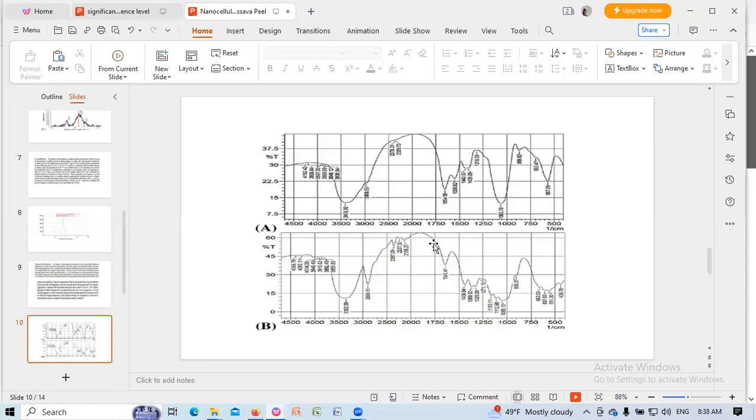Peaks in the range of 1643 and 1654 are the NH from amide.